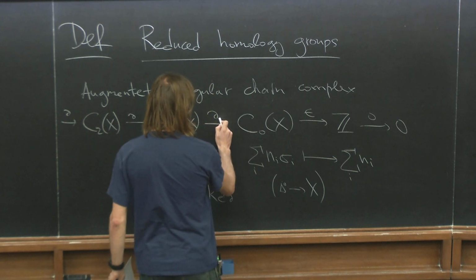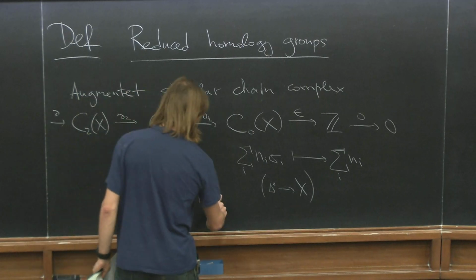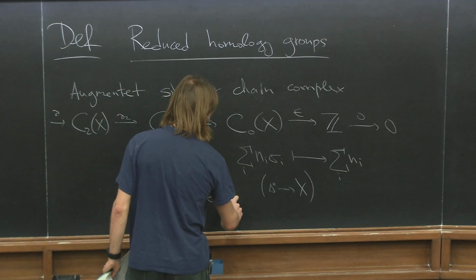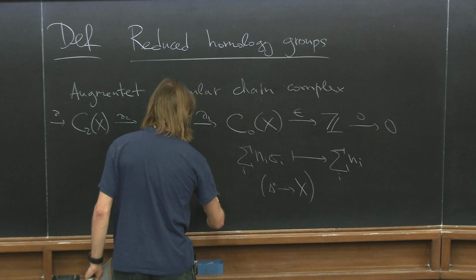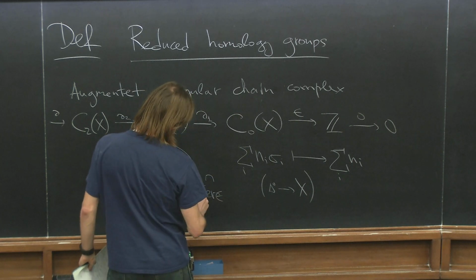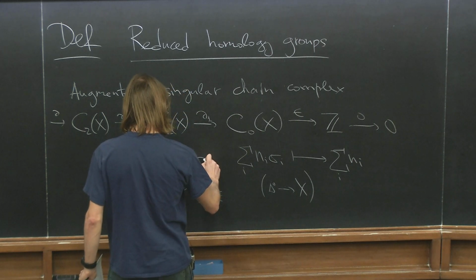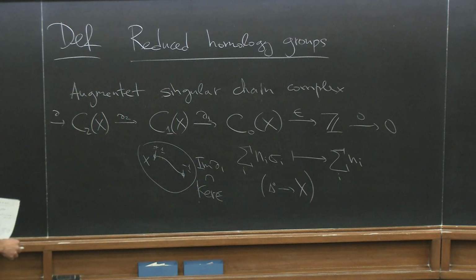Let me explicitly write this as d1 as before, and this was d2. So the kernel of epsilon contains the image of d1.